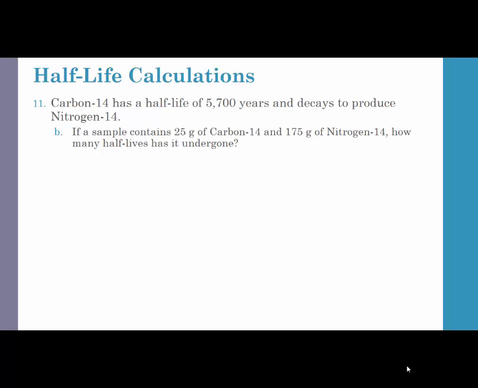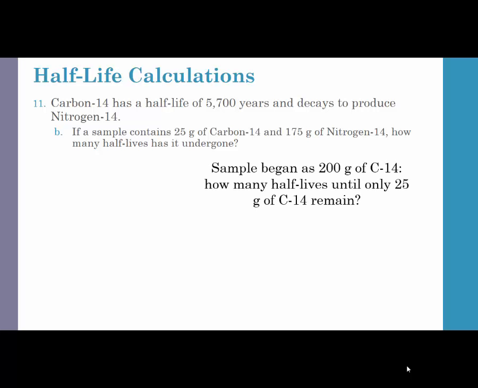So how many half-lives has it undergone? So the total that I started with was 25 plus 175, which is 200 grams. So this sample started as 200 grams of carbon-14. So how many half-lives does it take to go from 200 grams down to 25 grams?